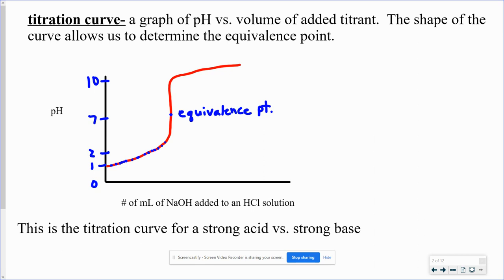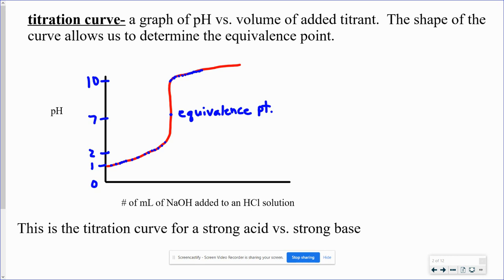So you've neutralized all of that, and it's pretty impossible to add exactly the amount of NaOH as HCl you have in there. So even in just a drop, there's so many ions that you're all of a sudden going to have more base in there than you have acid. So the pH shoots up, and then as you continue to add NaOH, the pH is barely going to go up because you're already at a base.